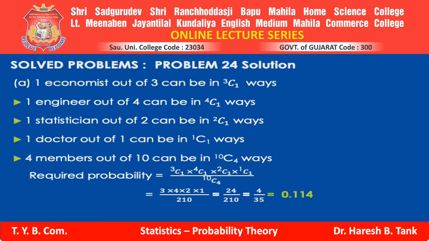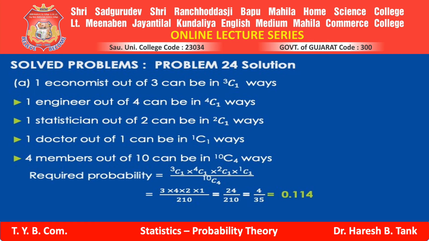So the required probability is 3C1 multiplied by 4C1 multiplied by 2C1 multiplied by 1C1 divided by 10C4. Simplifying it, it comes to 24 upon 210. Further simplifying it, it comes to 4 upon 35, which is 0.114. All fours are of different kind, right?